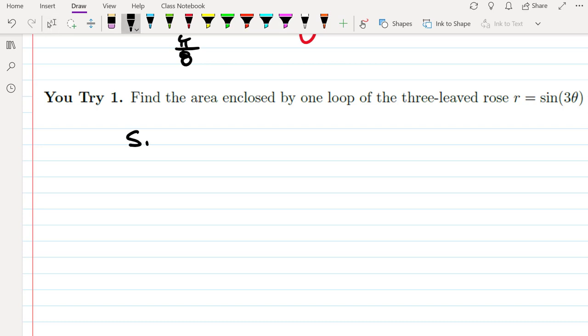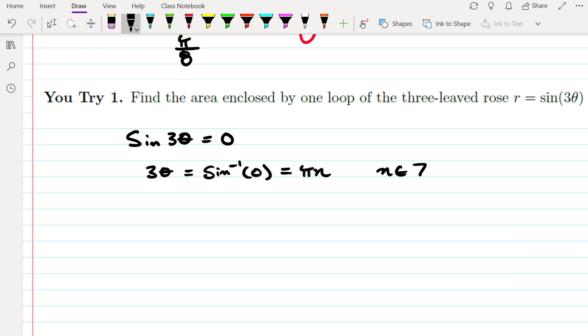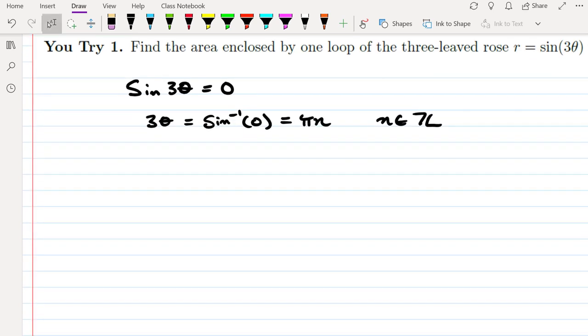So we start off doing the same thing we did in the previous example by setting sine 3 theta equal to 0. Taking the inverse sine of both sides, we get 3 theta equals the inverse sine of 0. And the inverse sine of 0 is equal to pi times n for any n in Z. And this comes from the fact that 0, pi, 2 pi, 3 pi, and so forth are all of the zeros.